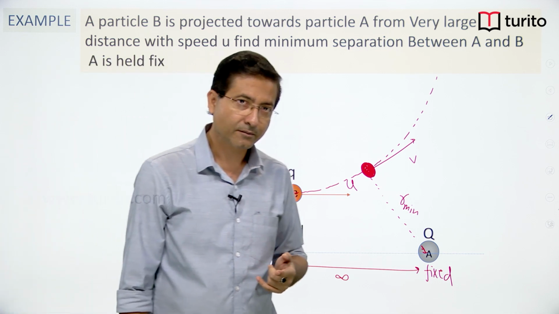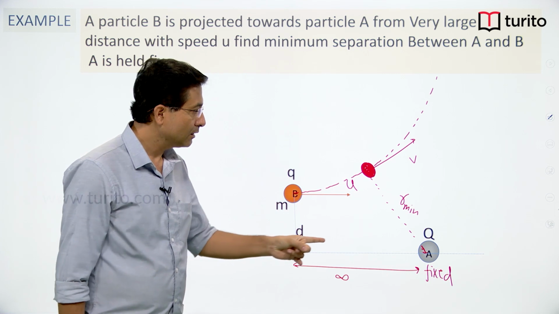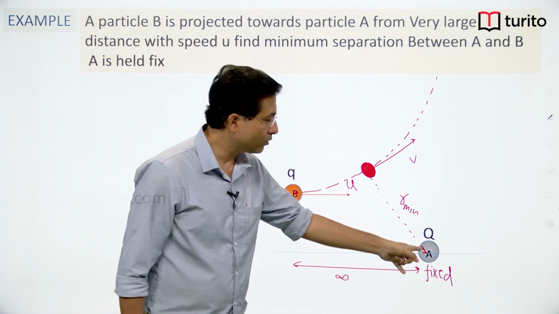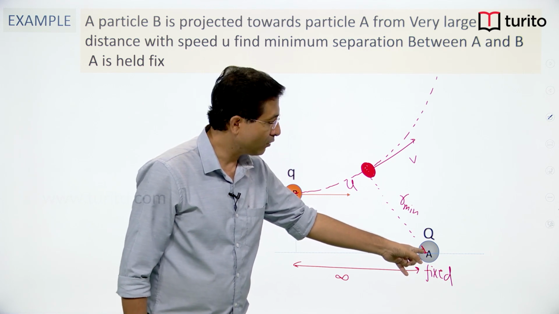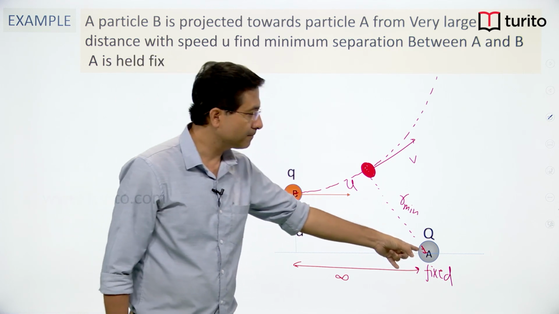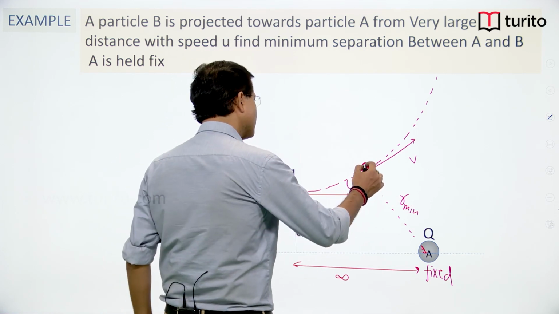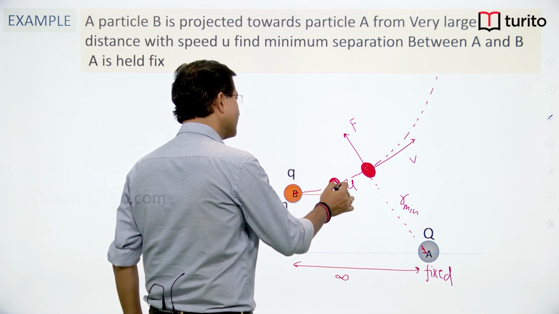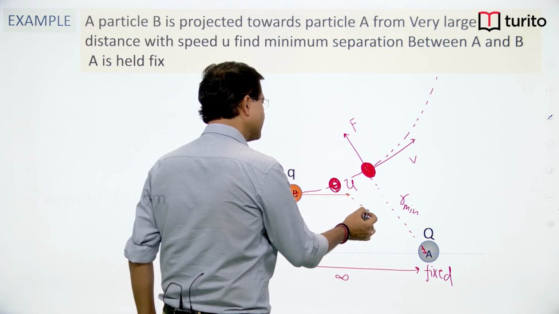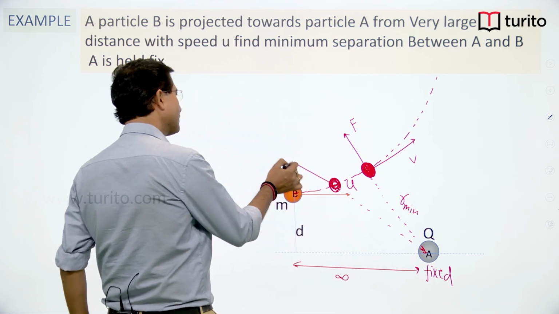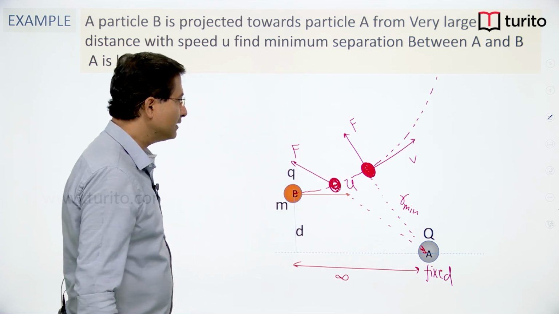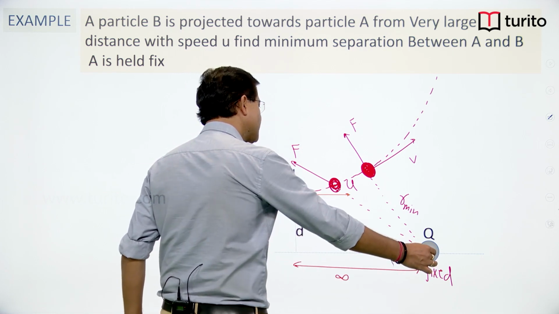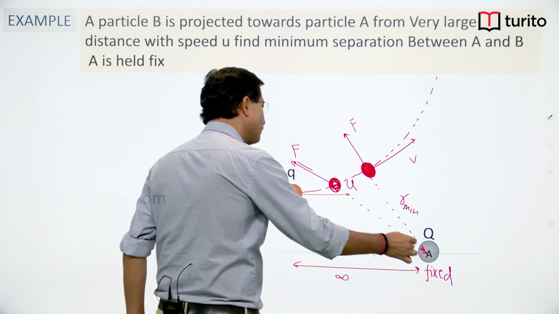Second equation, you can see that force on B will always be along the line joining. Right now the force is like this, and at some intermediate position this repulsive force will be along the line joining, it will be like this. So, with respect to this fixed charge, this force is not offering any torque.